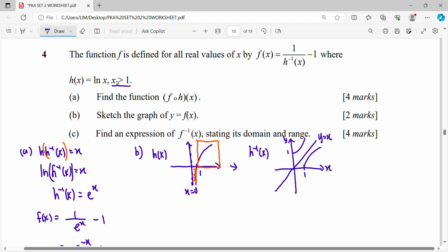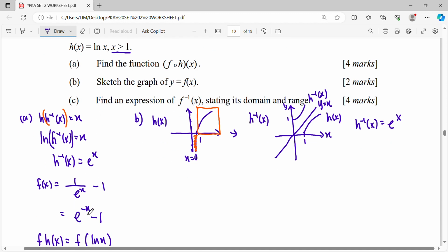So this is our h(x), and this is our h inverse. When we get h inverse, it means we are just drawing e^x. What we need to draw for this function is e^(-x) minus 1. So we move it one by one.